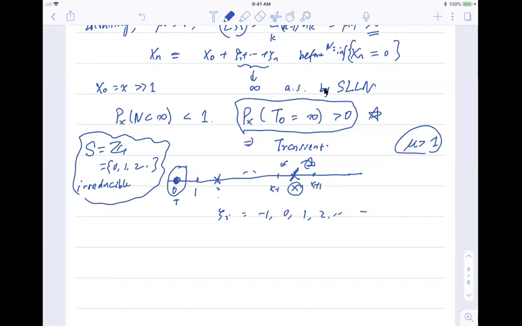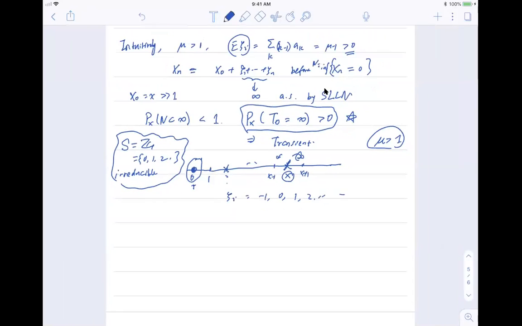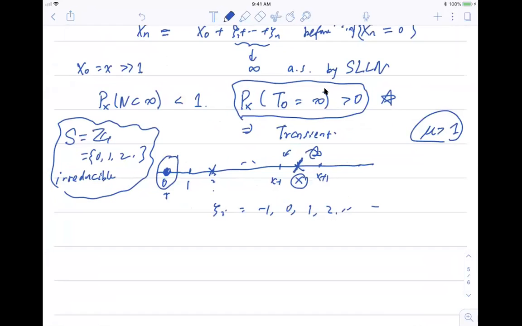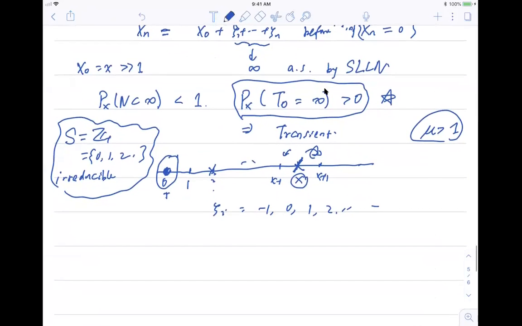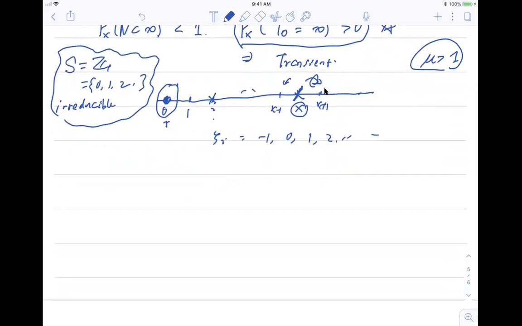Yes, this is the idea, but you need to see the full proof to make it clear. Let me make a few more comments.